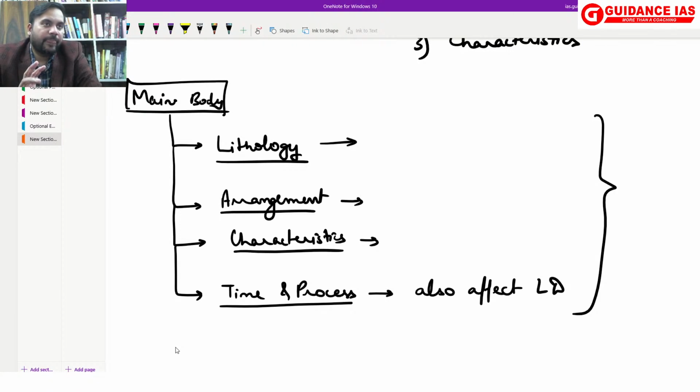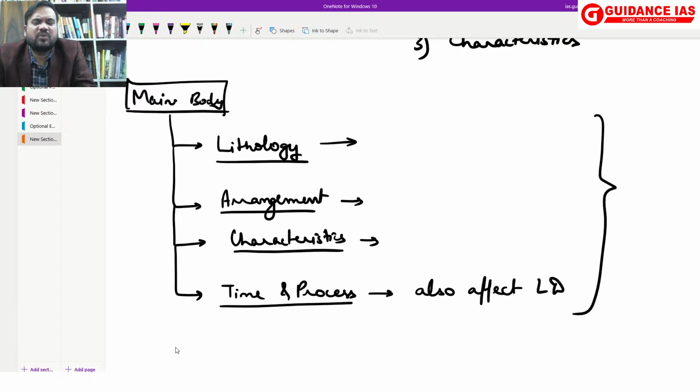Now, tell me, many people came to me with complaints that we wrote so many things, but they are doing injustice in geography and ultimately they are targeting geography. This is also a new narrative. And because of that, we are not getting marks.